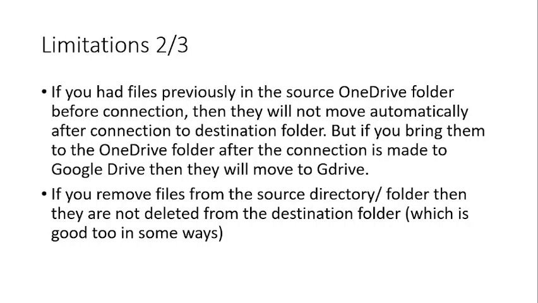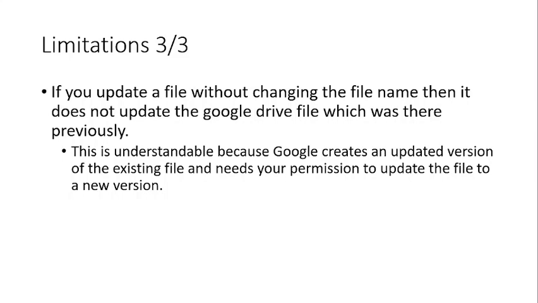Which means if you originally had a few files in that OneDrive folder, they will not move. So you have to first create the connection when they are empty. If you remove files from the source directory, which is the Microsoft OneDrive folder, they are not deleted from the destination folder, which is good in some ways.